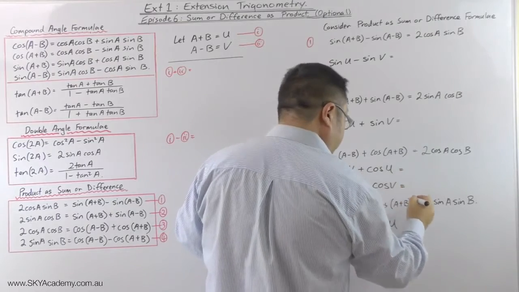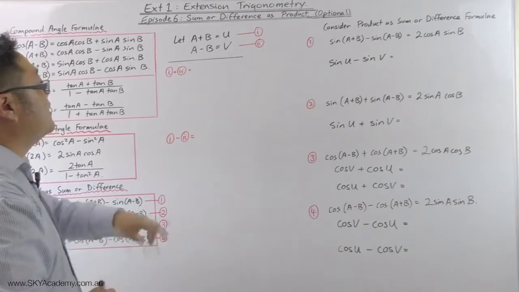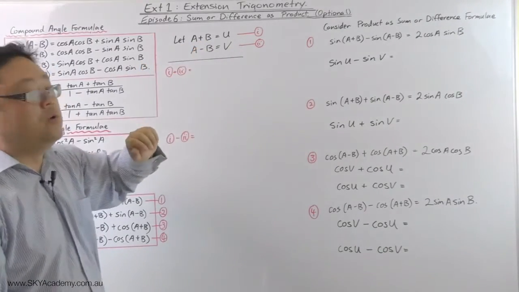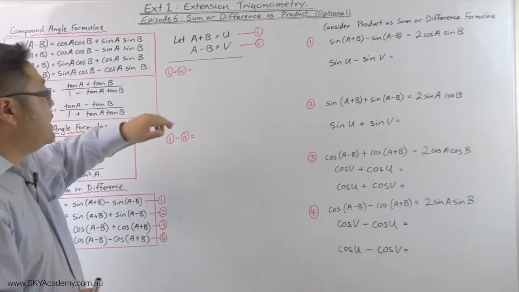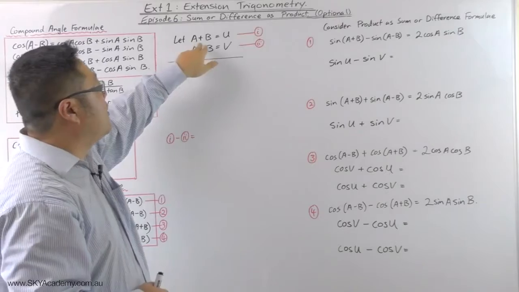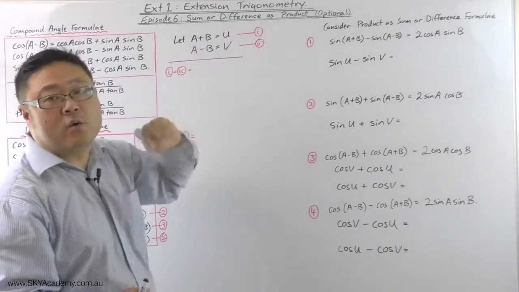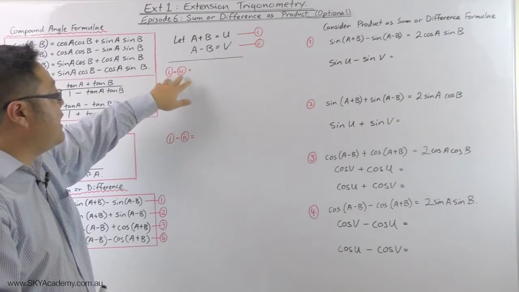What we are going to do now is consider how that affects the right-hand side. Remember how we said we're going to let a plus b equal u, and a minus b equal v. Let's call that equation I, and this equation II.